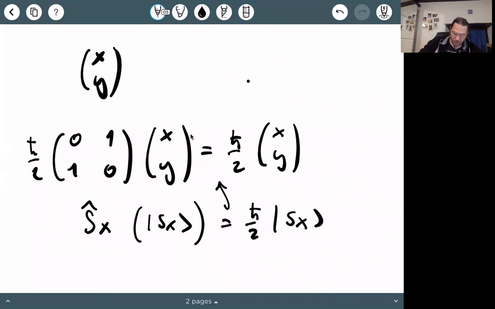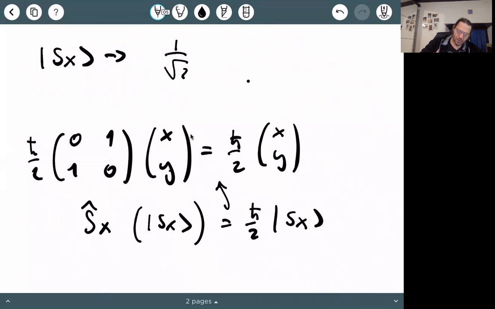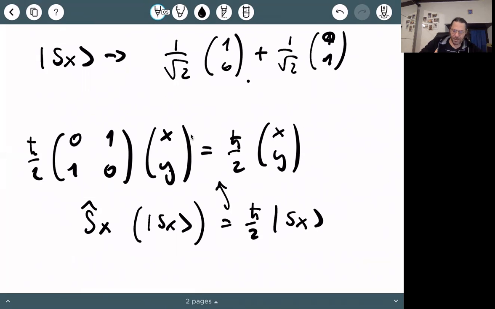If you do the calculation, you discover that the eigenstate is basically 1 over root 2 times (1, 1).